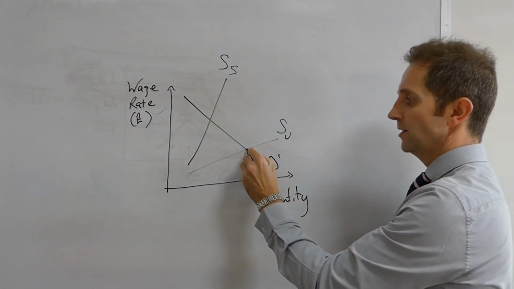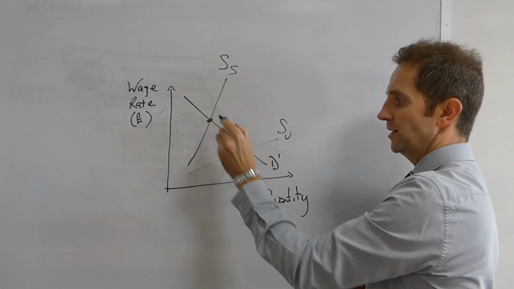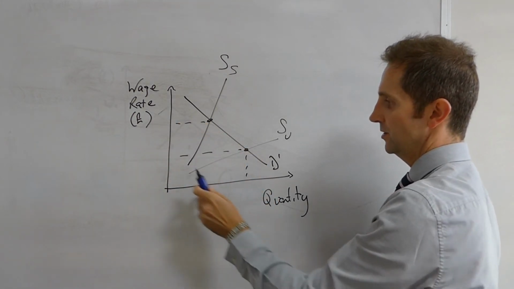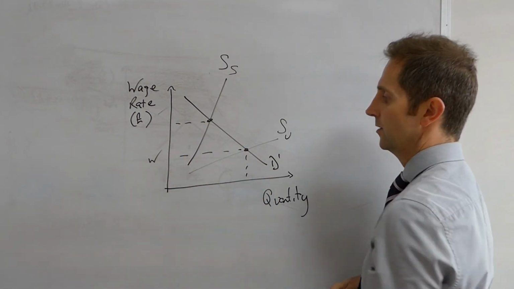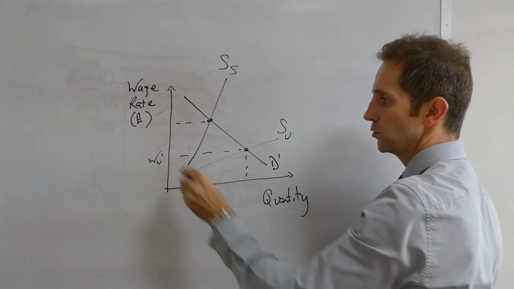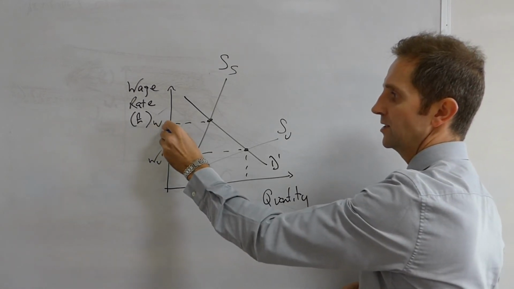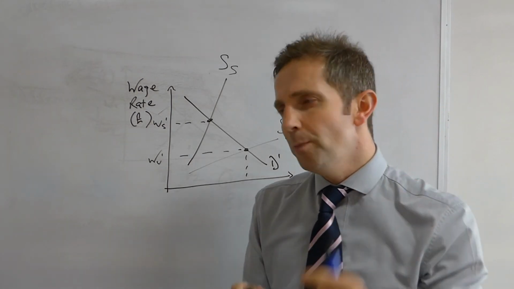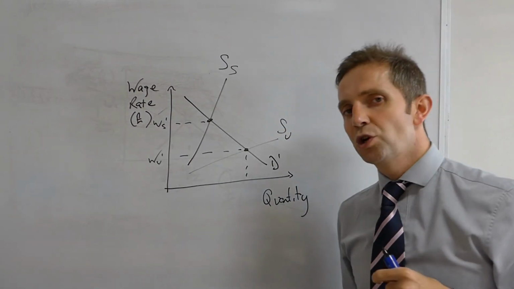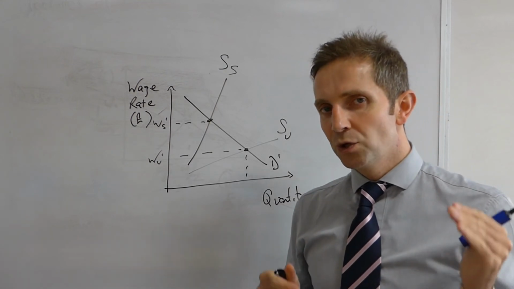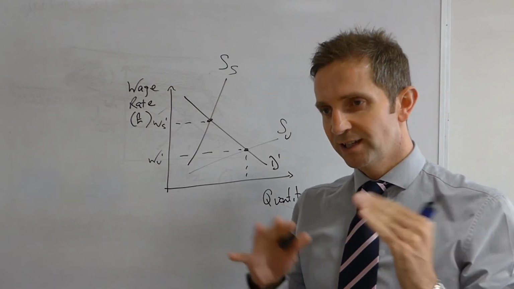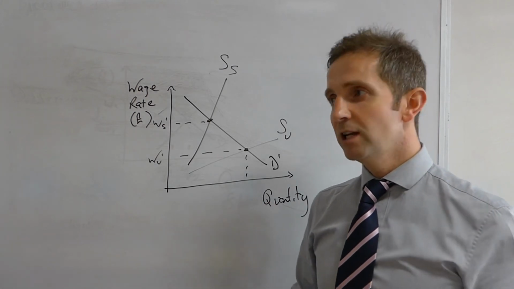Now that would be a great start, but can I suggest an even greater finish? Let's put the wage rate here for the unskilled worker, WU prime, and WS prime for the skilled worker. It would be really tip-top if you went on to show how much the wage would increase for both skill sets if there was a given increase in demand.